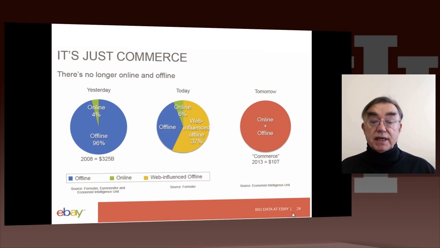It actually looks like 50% from the round circle, because clearly the yellow web influence is more than half. So we will have to reserve judgment on this particular figure. Anyway, it's still large, whether it be 37% or 57%. And they're anticipating that everything will get integrated, and this commerce in 2013, integrated online and offline, is $10 trillion.